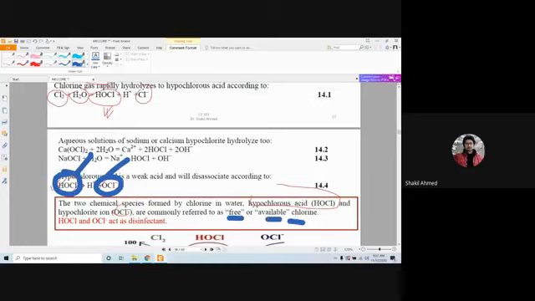So these two are referred to as free or available chlorine, and they act as disinfectant. Is it clear? Yes, sir. And they are termed as free or available chlorine.